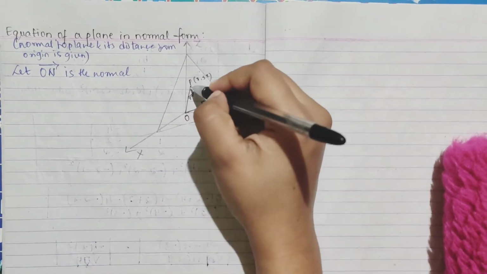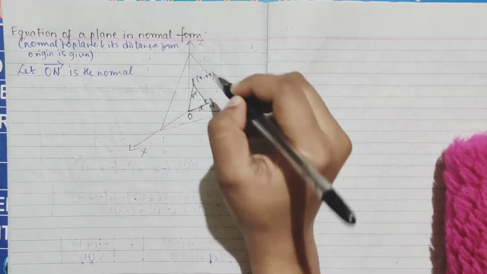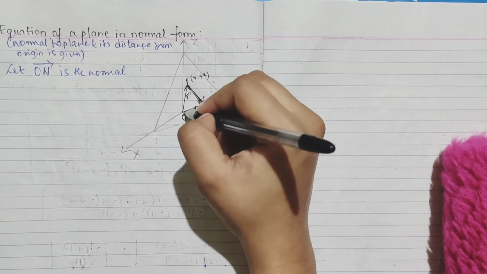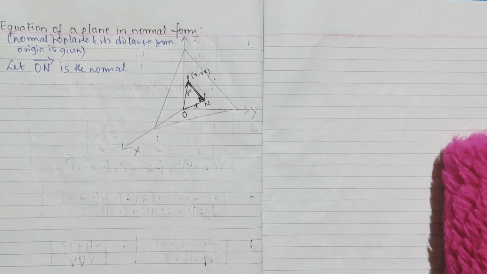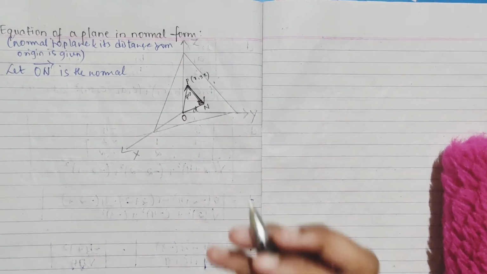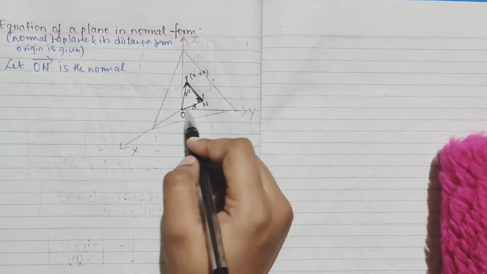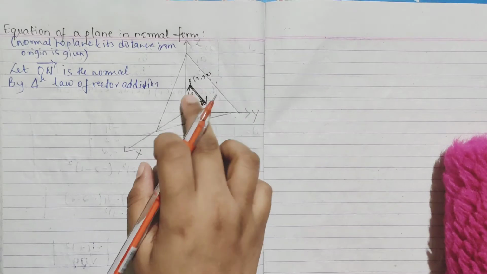Now I'll draw PN, perpendicular to ON, so you can see properly. This is your OP, one vector, and this is your PN. You can see you'll get a triangle, right?